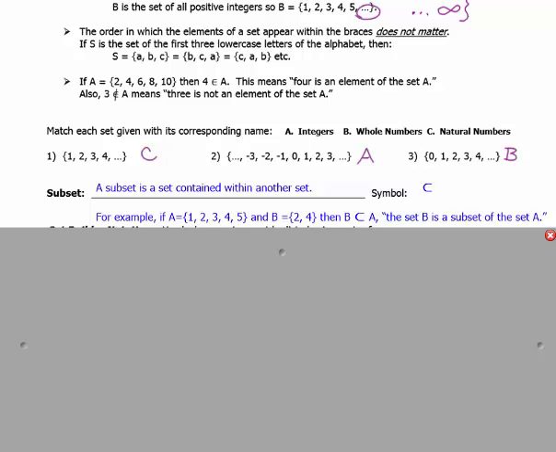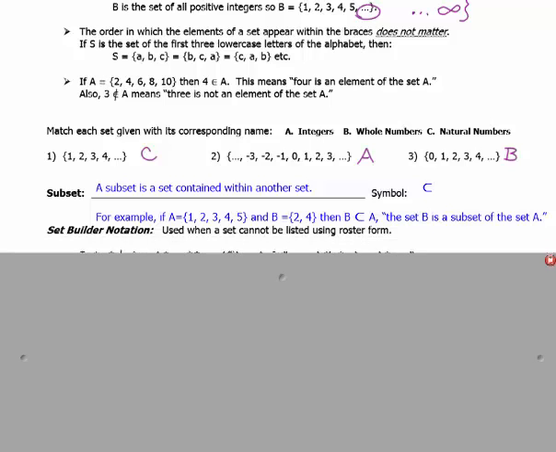Okay, here we go. Set builder notation. This is a little fancy, and some of you will not like it very much. You do have to use the curly brackets. They don't have to be perfect, but they do have to be curly brackets. We use set builder notation when we cannot list using roster form.